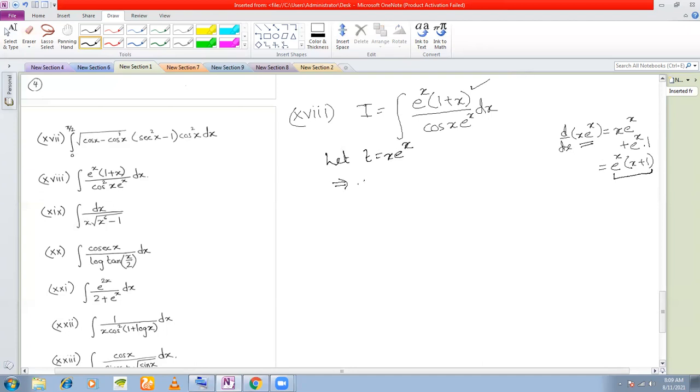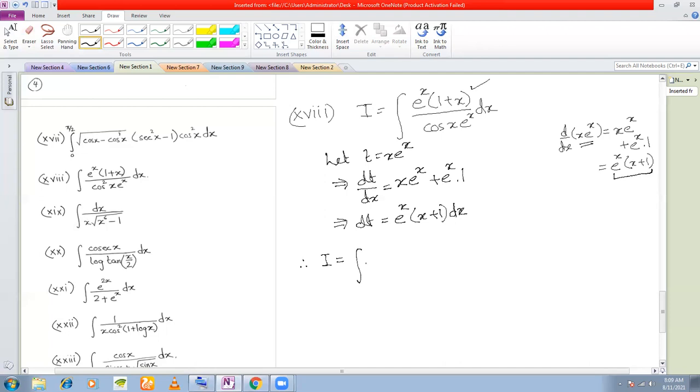That means I'm going to get dt dx is equal to x e to the power of x plus e to the power of x into 1. That means dt is equal to e to the power of x into x plus 1 dx.